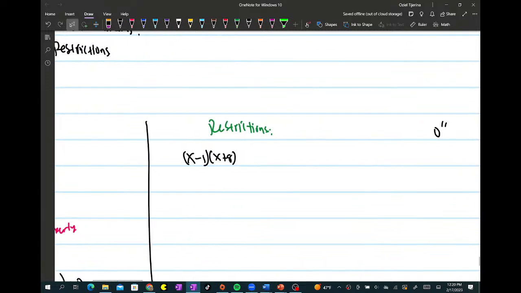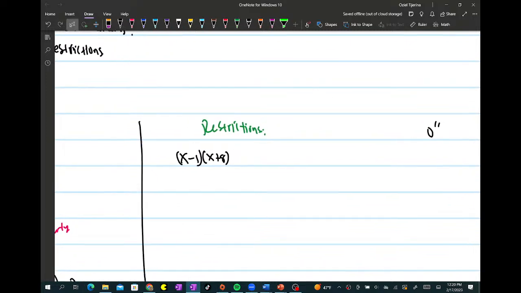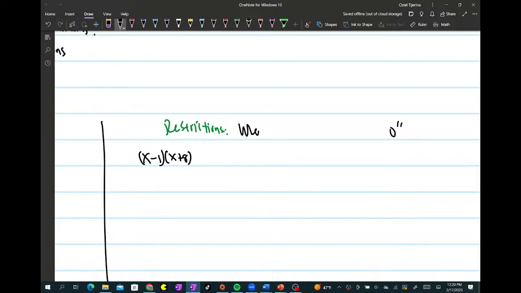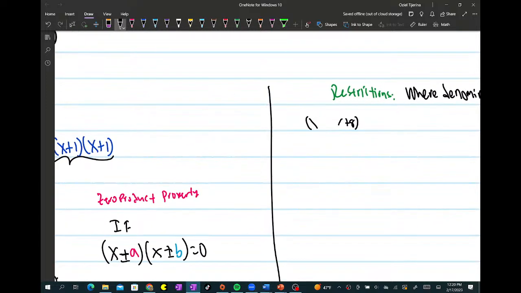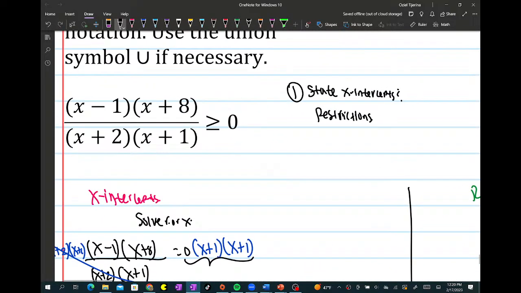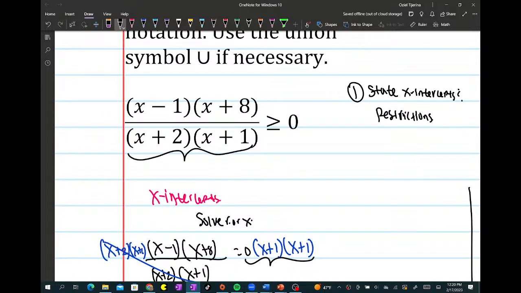It's not where the expression cannot equal 0. It's where the denominator cannot equal 0. So what I'm saying by restriction, when I tell you to list the restrictions, just set the x values here not equal to 0.